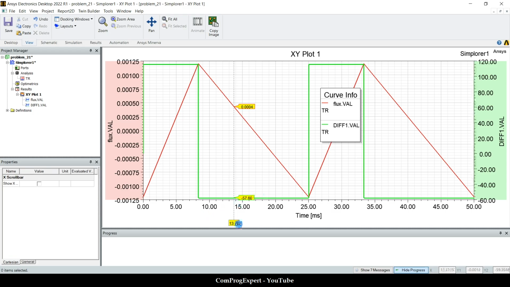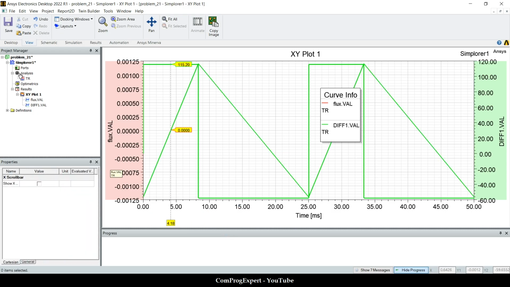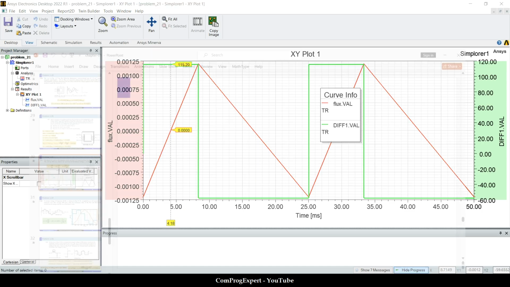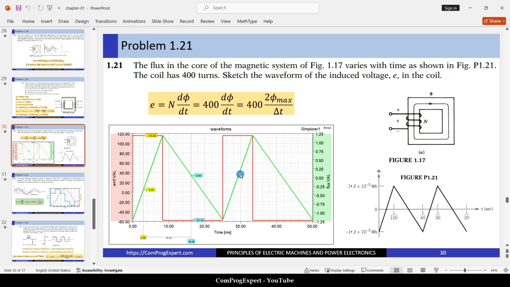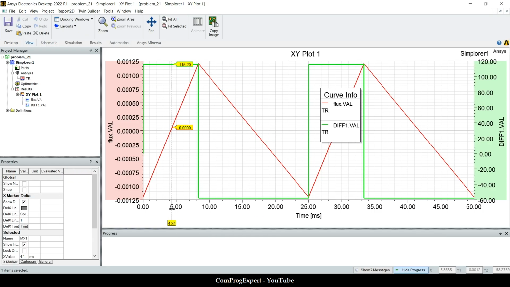So here are two levels. You can repeat the same simulation in Simplorer to calculate these waveforms, and also you can manually calculate the levels of the EMF and compare.